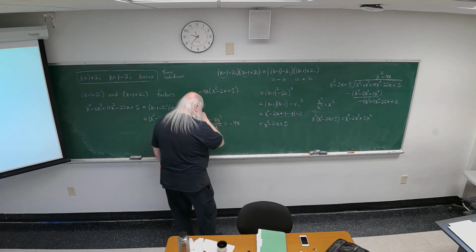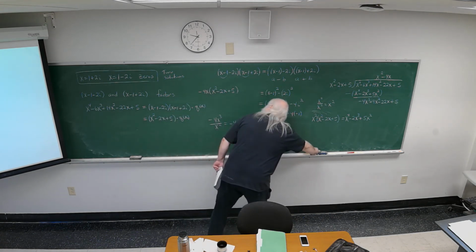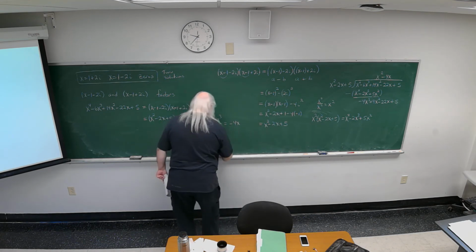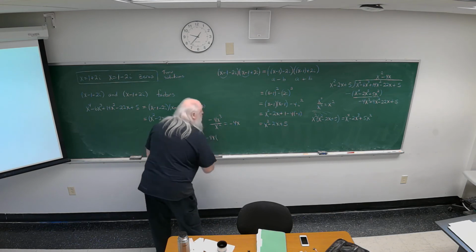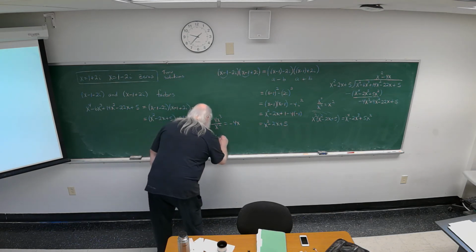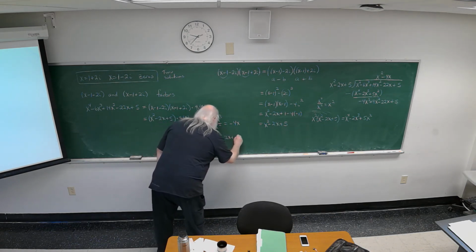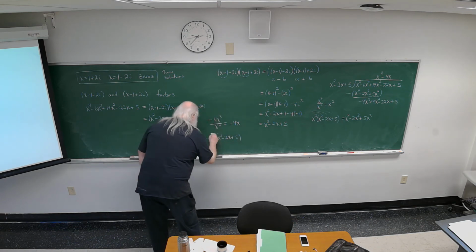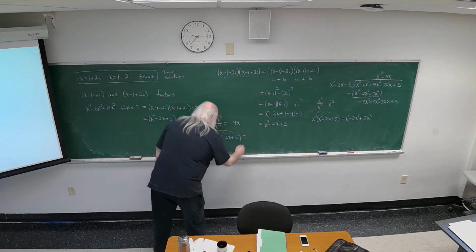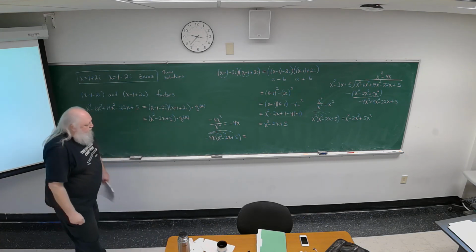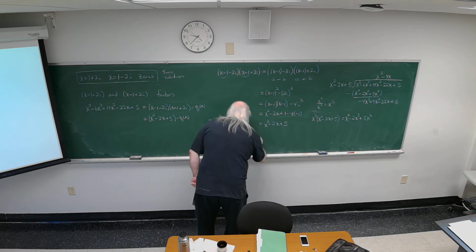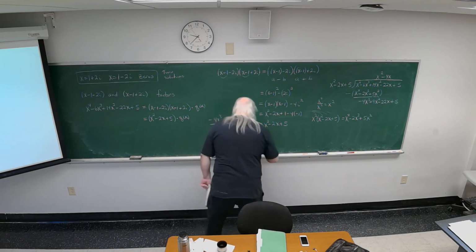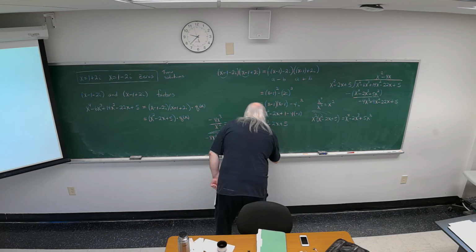And when you do that, you multiply minus 4x times the divisor, distribute the minus 4x inside the parentheses. You end up with minus 4x cubed plus 8x squared minus 20x.